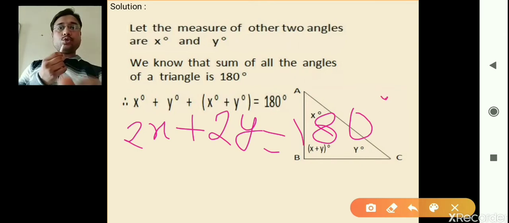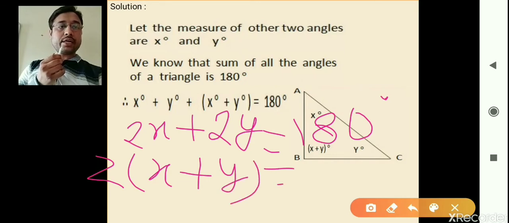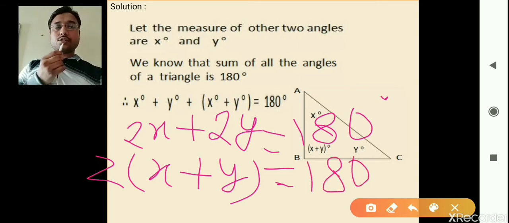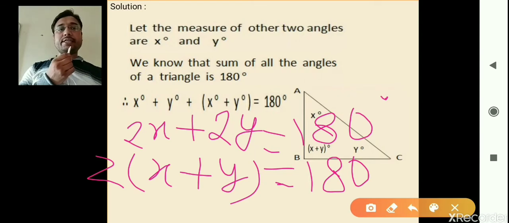Then this 2 you can take common here. You will write 2 into (x plus y) equals 180 degrees. Then x plus y equals 180 by 2. That means x plus y you will get 90 degrees.